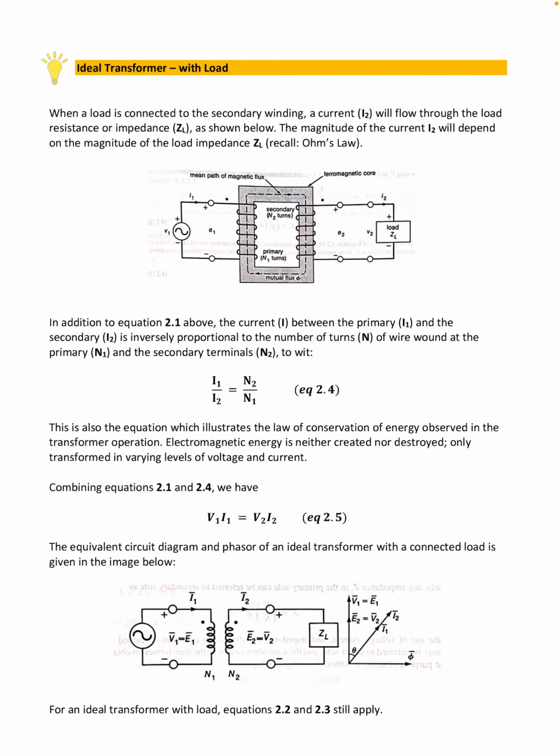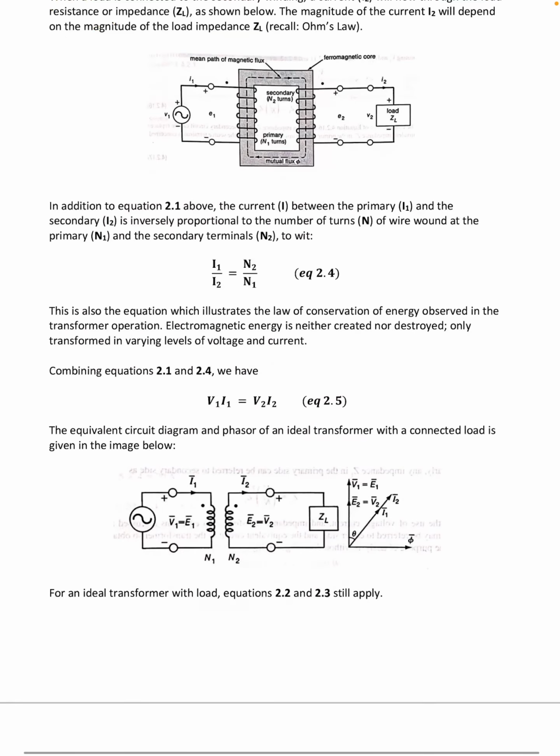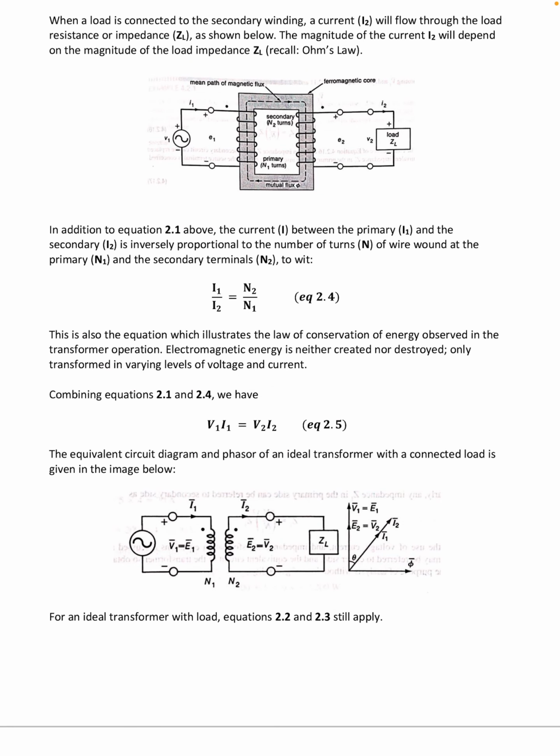We can calculate the magnitude of the current, which directly depends on the value of the impedance ZL as observed in Ohm's law. Then, in addition to equation 2.1, we also have an equation which involves the number of turns and the current, in which the magnitude of the current is inversely proportional to the number of turns.